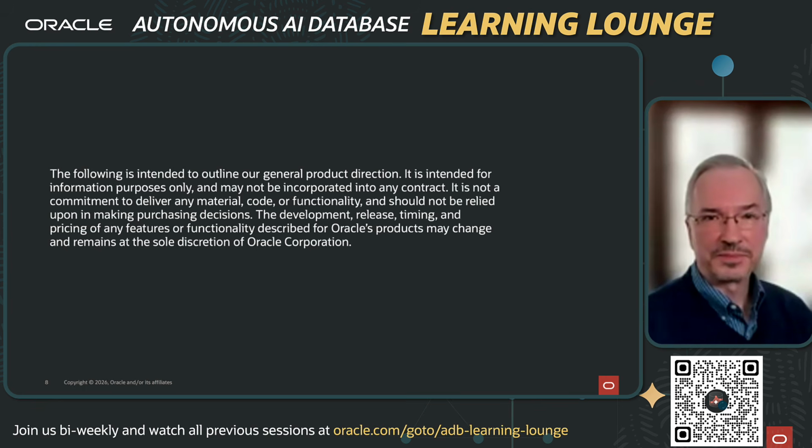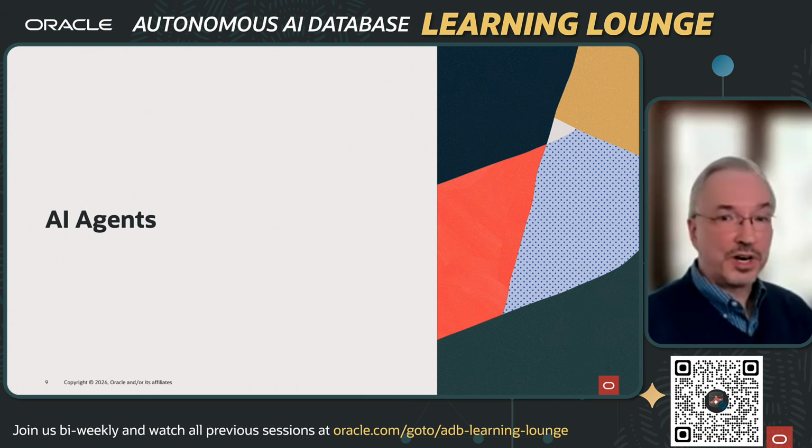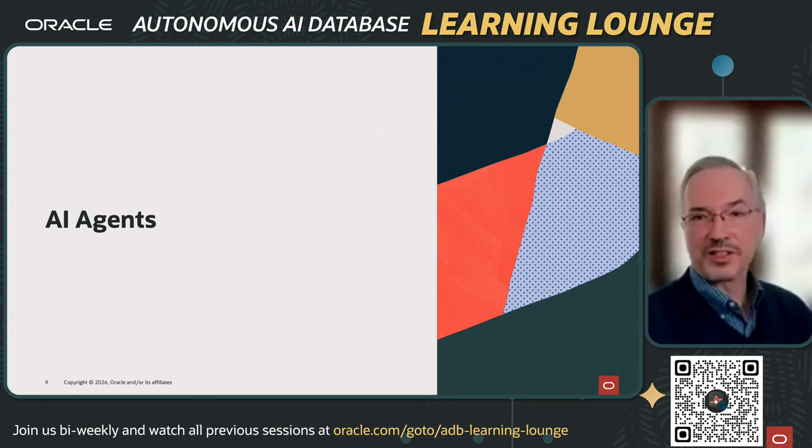Just in case you're new to AI agents, let's briefly introduce the concept. AI agents are like smart helpers, right? Software programs designed to independently carry out specific tasks or solve problems for you. And they can read information, make decisions, and take actions all on their own based on the instructions and goals that you give them.